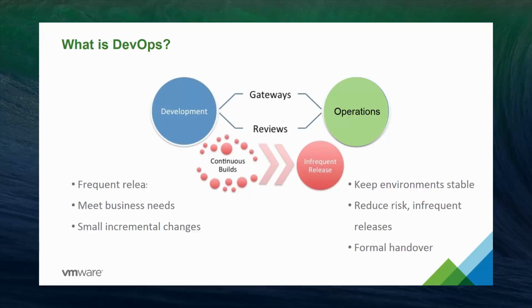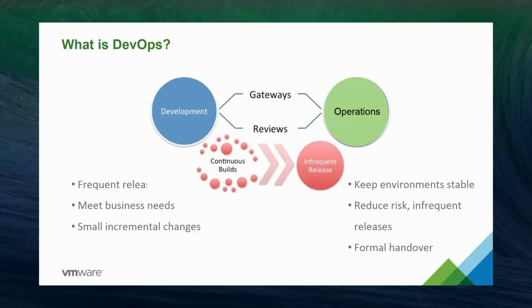So let's compare what the development and operations teams essentially want. The development team typically wants to release small code changes frequently, whenever they want to and need to, and they want to be able to do it without having to bother with the operational team. The operations team wants to have a stable environment with very infrequent changes to reduce the risk, as well as formal handover processes for when the development team hands over a new application going into production.